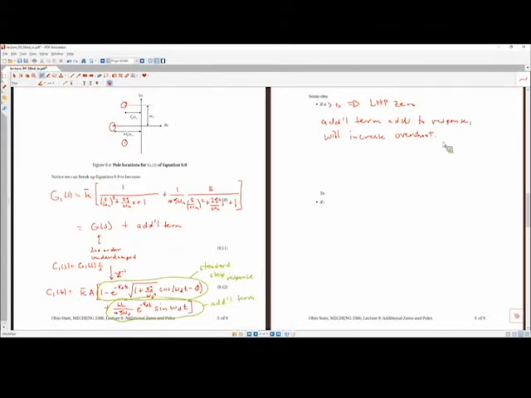And then the other case, if alpha less than 0, this is right half plane zero. Response may start off going in the "wrong" direction.